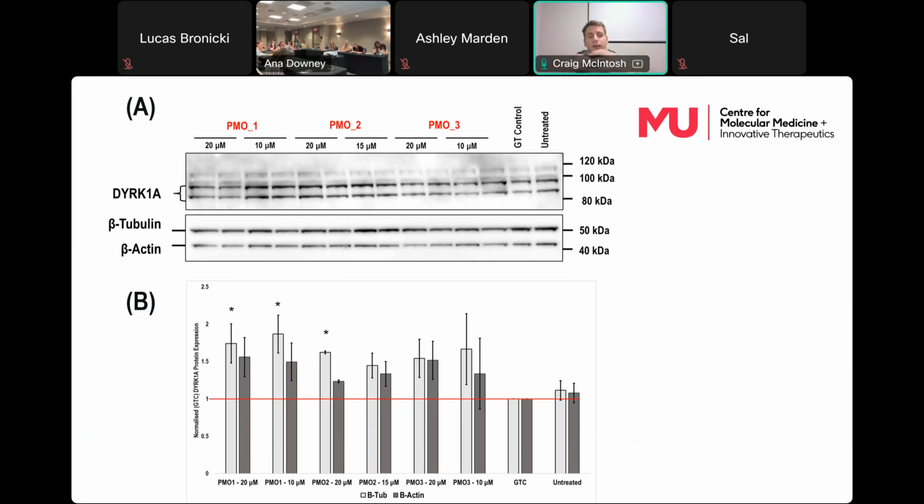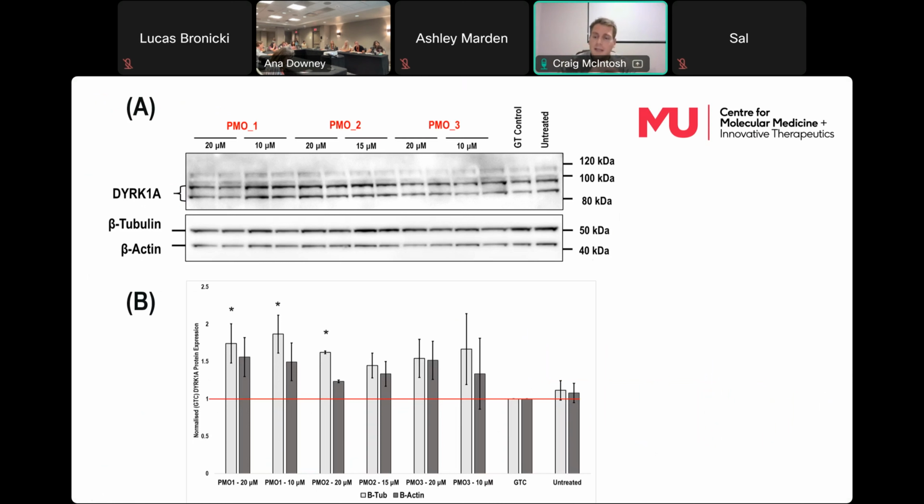We then repeated it a few times and got a bit of variability, and we thought it might be due to Western blotting, which is the technique of taking a protein and visualizing it under specific fluorescence.